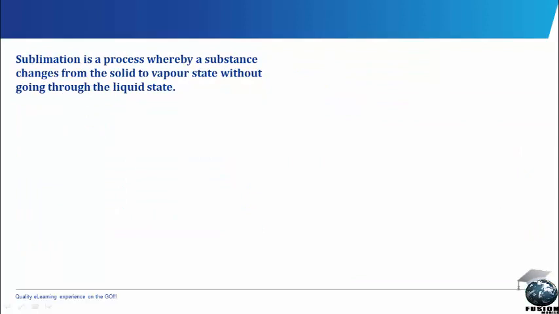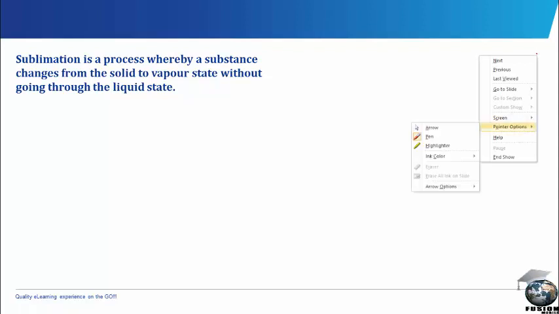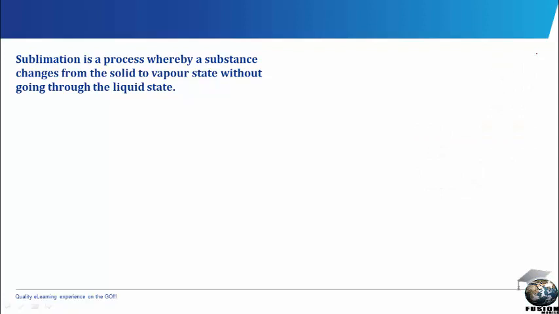Sublimation is a process whereby a substance changes from the solid to vapor state without going through the liquid state. Can you tell me something you know that can sublime? Do you use camphor? Yes.